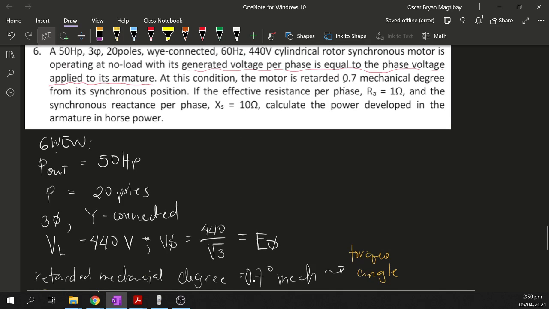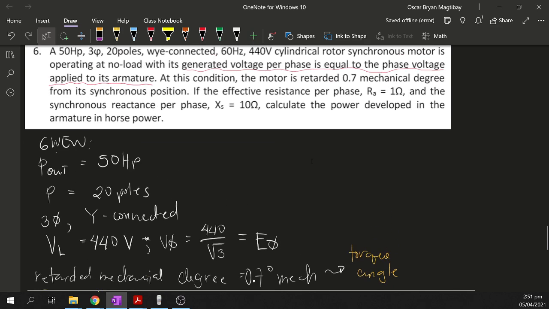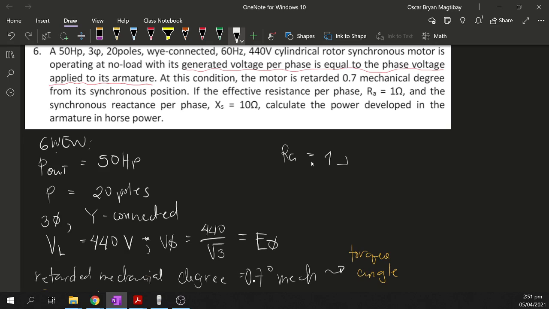If the effective resistance per phase RA is 1 ohm, and the synchronous reactance per phase is 10 ohms, calculate the power developed in the armature in horsepower. So, kailangan natin muna si RA. RA is equal to 1 ohm and XS is equal to 10 ohms. Ano required sa atin?